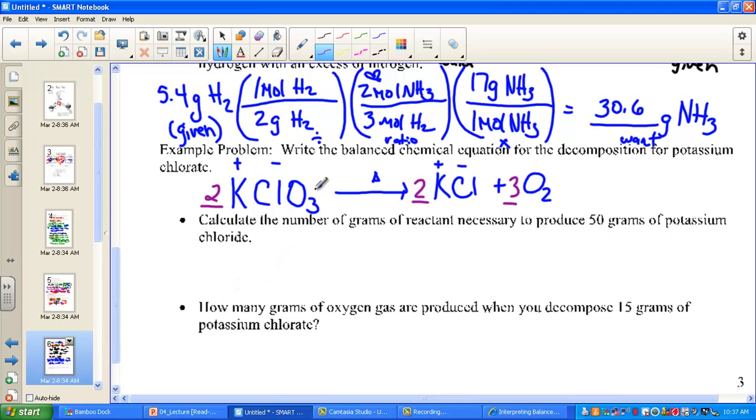Let's calculate the grams of this reactant, potassium chlorate, that are necessary to produce 50 grams of potassium chloride, KCl. The given quantity is 50 grams of potassium chloride. We want to know the mass of the reactant. So here's our want, here's our given.